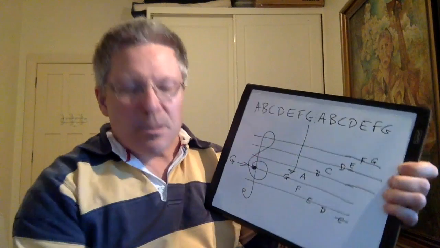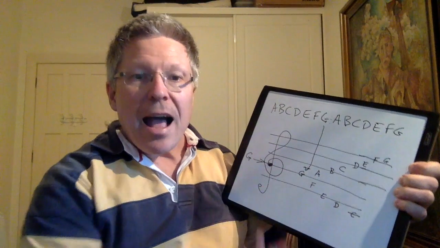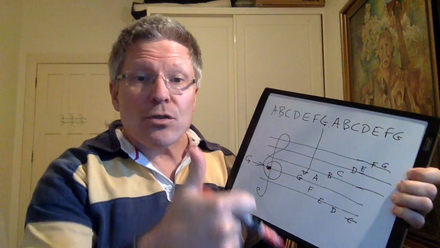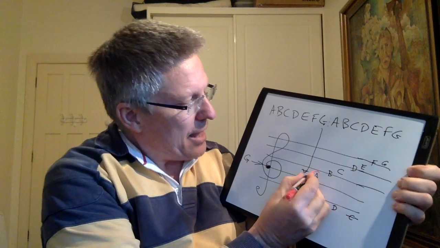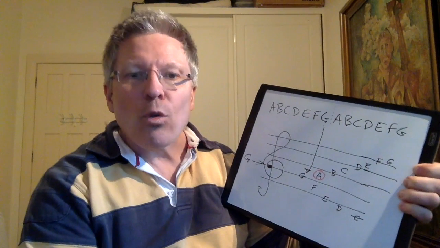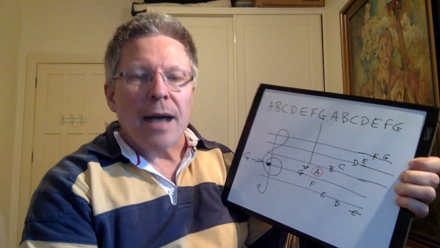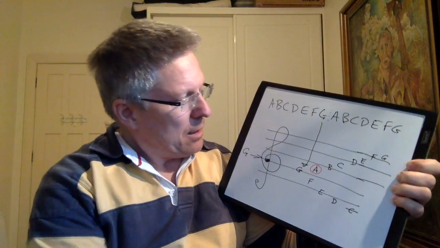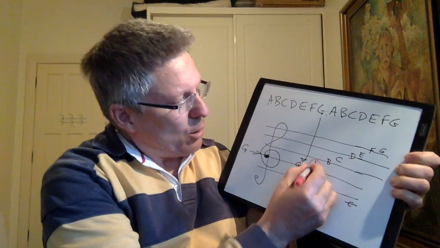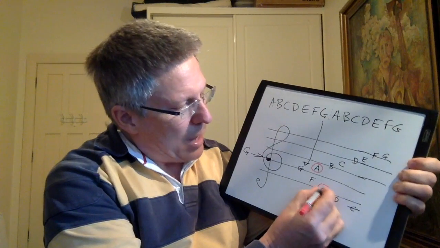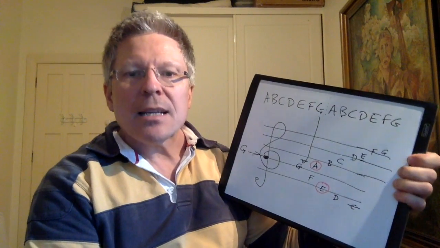Now, if we translate these lines and spaces into the notes on the ukulele, we have our top string, our first string, is A. That's the position for that A. Our second string is an E string, and it's lower. So look, down here is a lower E. That's the second string.